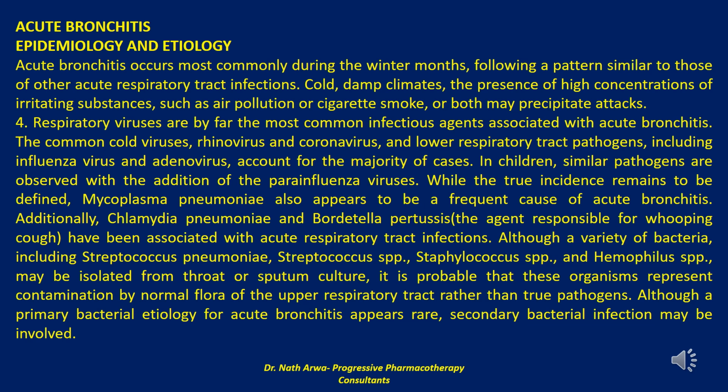Respiratory viruses are by far the most common infectious agents associated with acute bronchitis. The common cold viruses, rhinovirus and coronavirus, and lower respiratory tract pathogens, including influenza virus and adenovirus, account for the majority of cases. In children, similar pathogens are observed with the addition of the parainfluenza viruses.